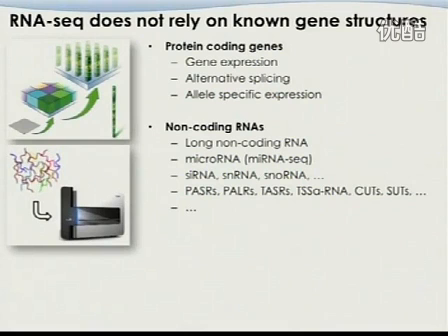When we design arrays, we have to know there's something there to put on the array. But for non-coding RNAs, we know too little about these things, so we don't have arrays to target each individual one.